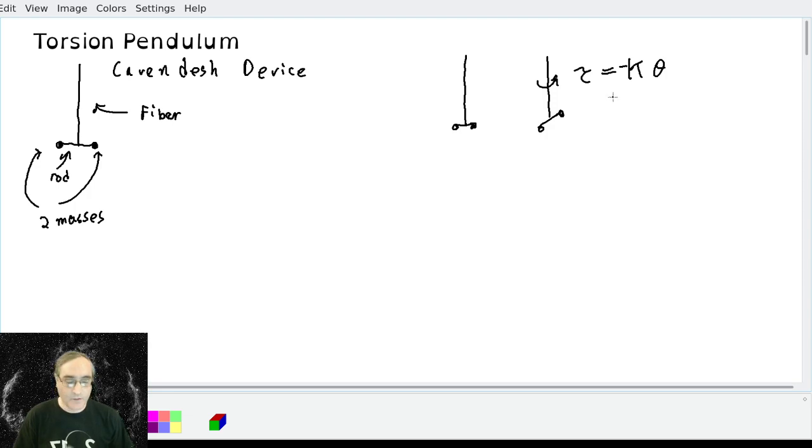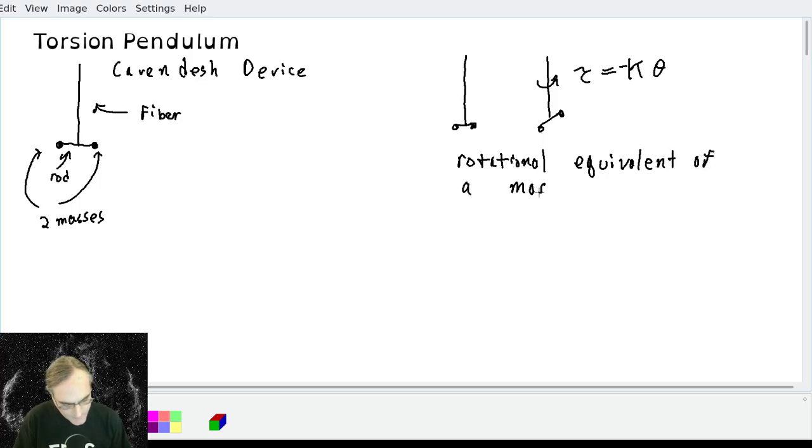It is the rotational equivalent of a spring force, and it happens for similar reasons. It is a torque proportional to the angle you twist it to, in analogy with F equals minus kx, which is true when you're stretching a spring.